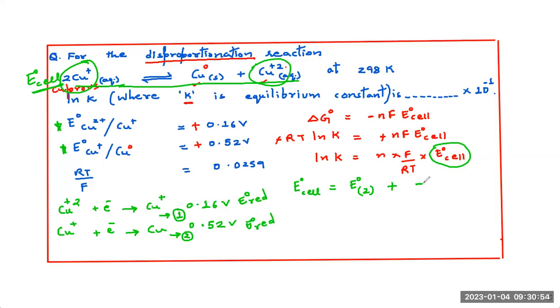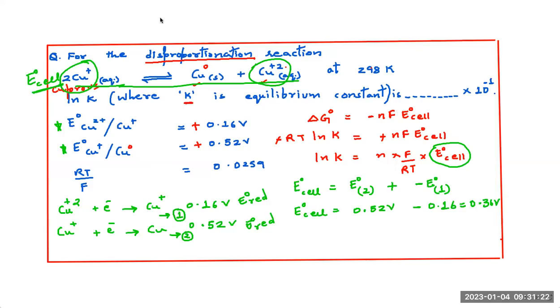So I revert 1. When I revert 1, I change the sign of E naught of equation 1. And hence I can calculate E naught cell as equation 2 voltage as it is, but equation 1 voltage reverted to minus 0.16. And as a result, the answer that I get is 0.52 minus 0.16, so 0.36 volt.